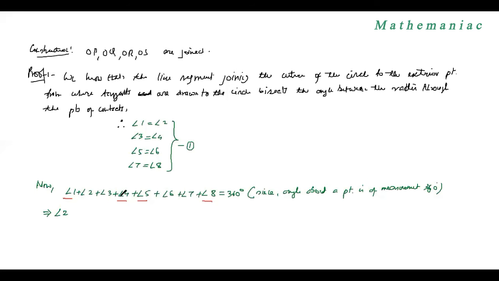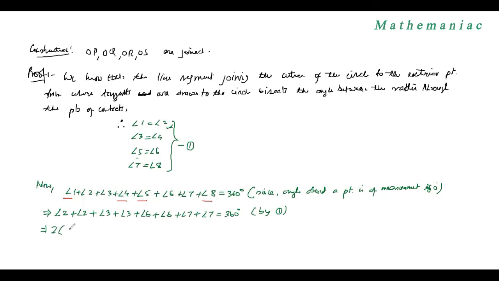So we have replaced 1 equal to 2. From here we got this. And angle 2 I want to keep. 3 I want to keep. I want to replace 4. Right? 4 can be replaced by 3. Very nice. I want to replace 5. 5 can be replaced by 6. Angle 6 will be kept. Angle 7 will be kept. Angle 8 will be replaced by 7. So we have replaced successfully. And what equation have we used? By 1. Very nice.